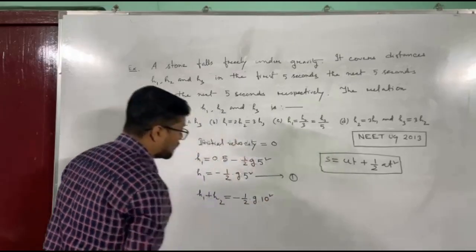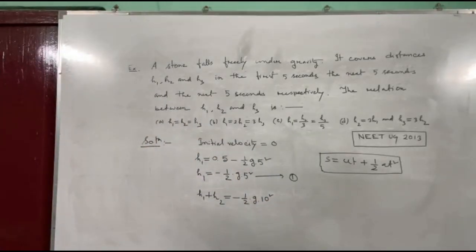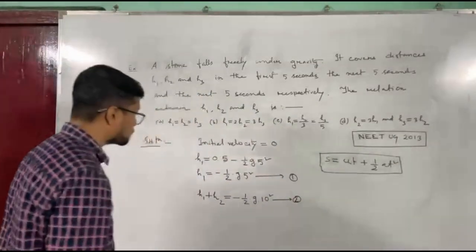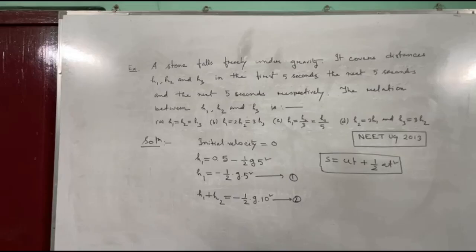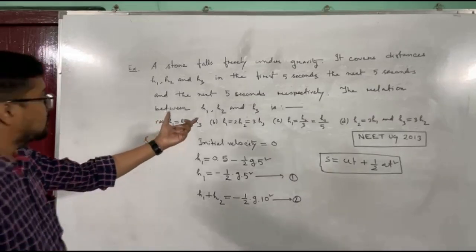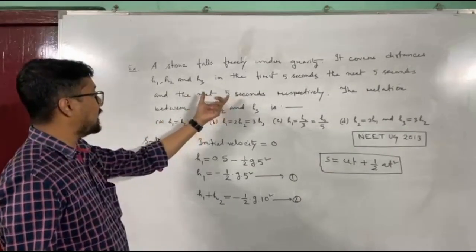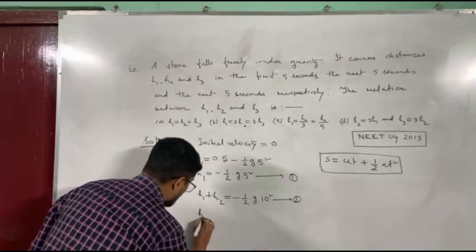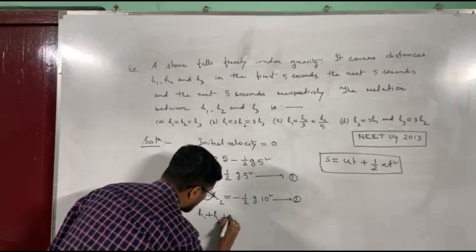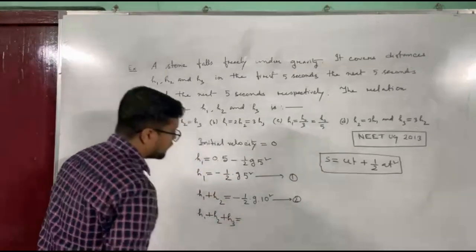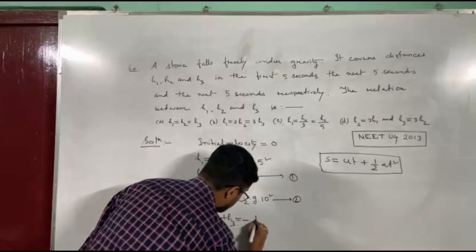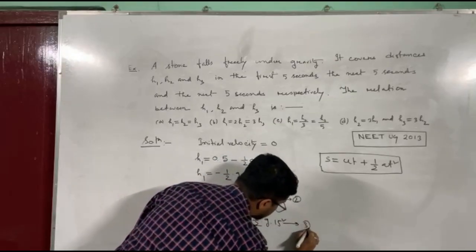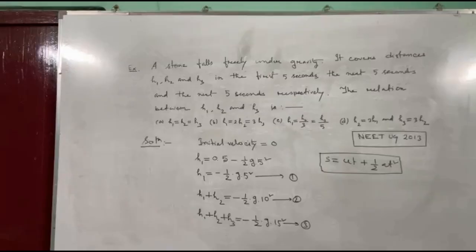Now total time is 5 plus 5, it is 10 square. This is equation number 2. Then again it is said that in the next 5 seconds it has covered another displacement of h3. So we can write h1 plus h2 plus h3 is equal to minus half into g into 15 square. Let us give the equation number 3.